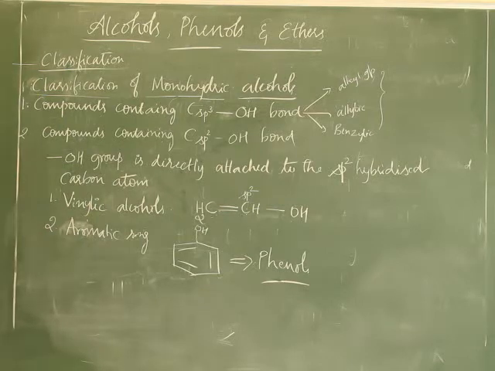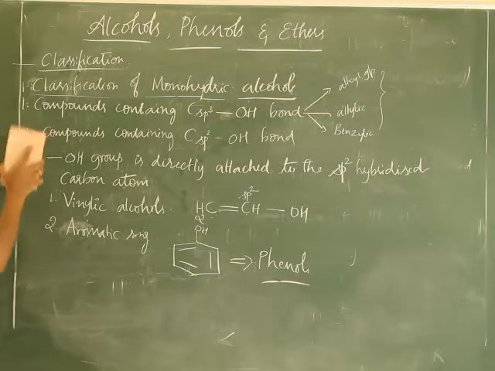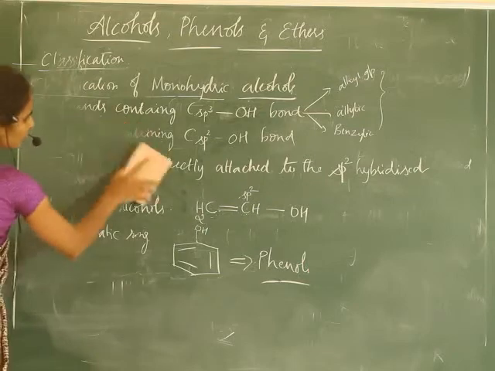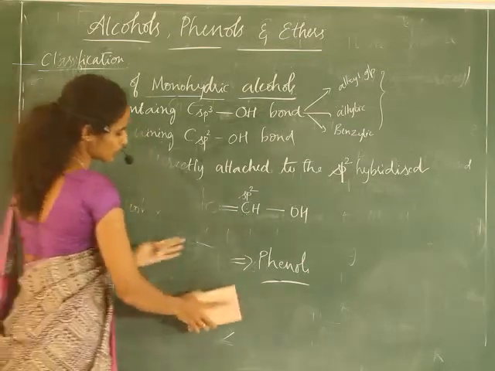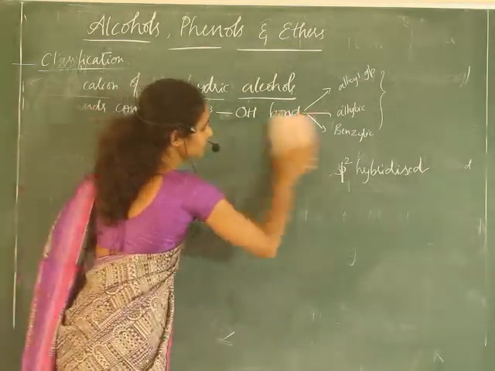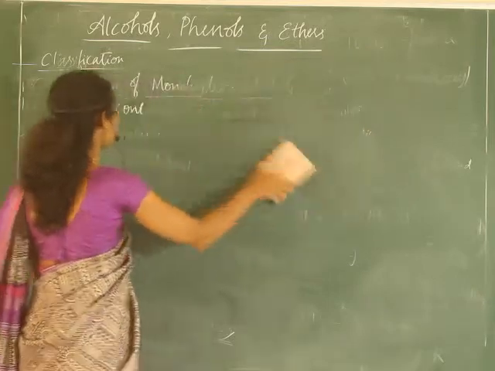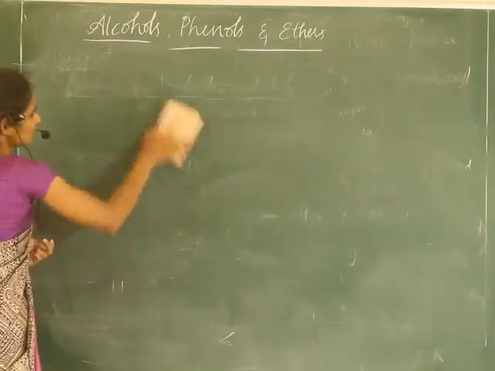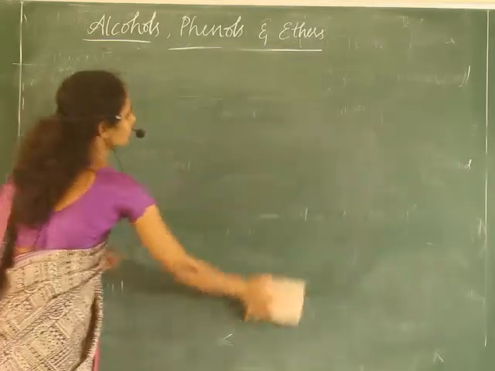Now let us move to the next topic, that is classification of ethers. We already learned about classification of alcohols and phenols. If you want other examples, you can substitute the ortho or para position by other functional groups, and you can take other examples for phenols.